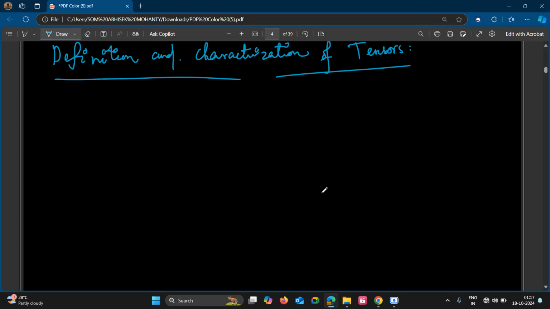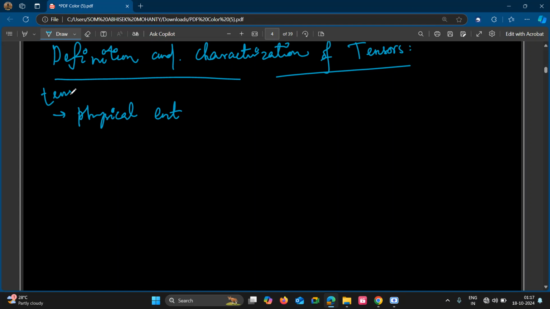Tensors of specific rank and type are physical entities associated with a space-time point, which follow linear homogeneous laws of transformation. So it's basically about transformation, transformation of coordinates.